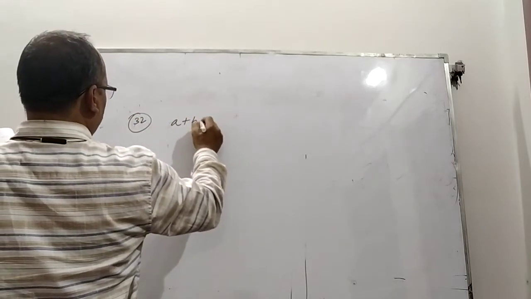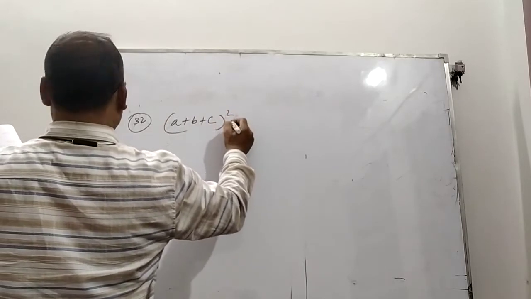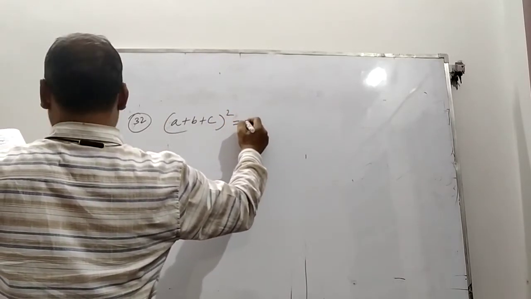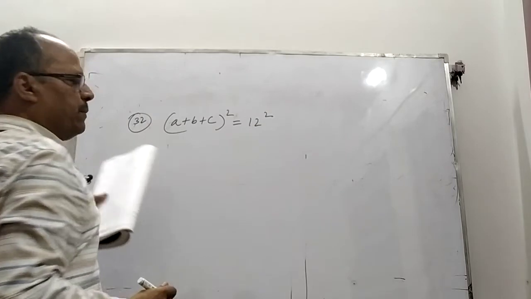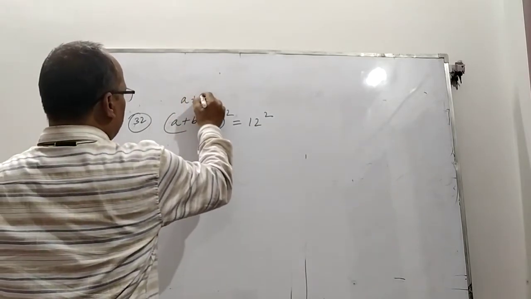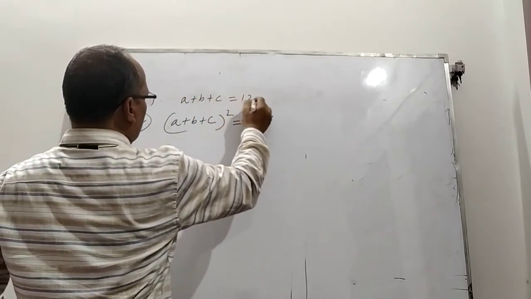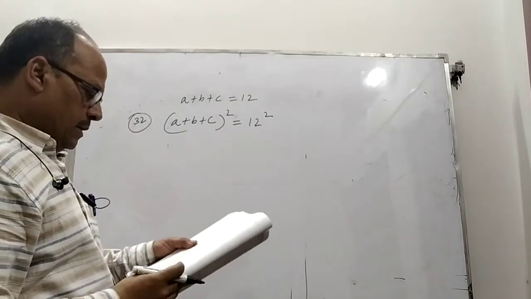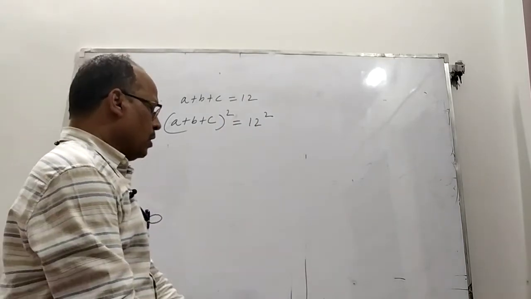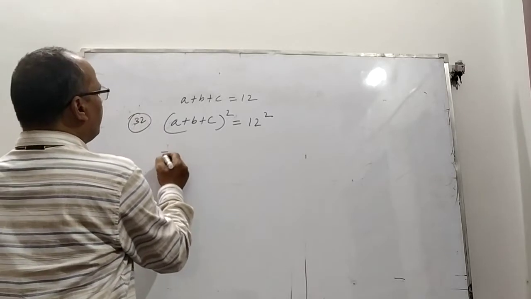A plus B plus C whole square equal to 12 square, because A plus B plus C is given as 12. Clear? What will be this result?